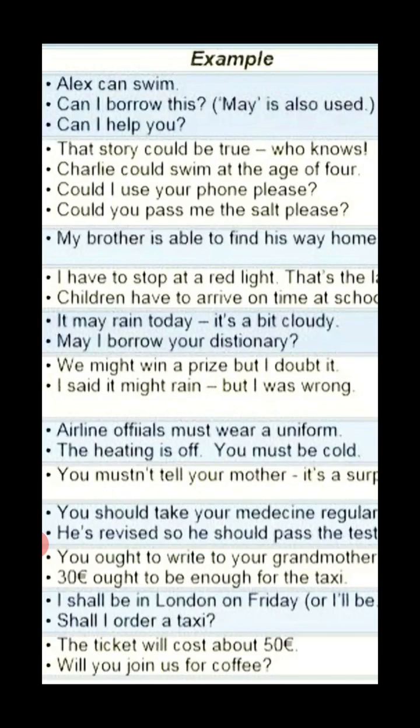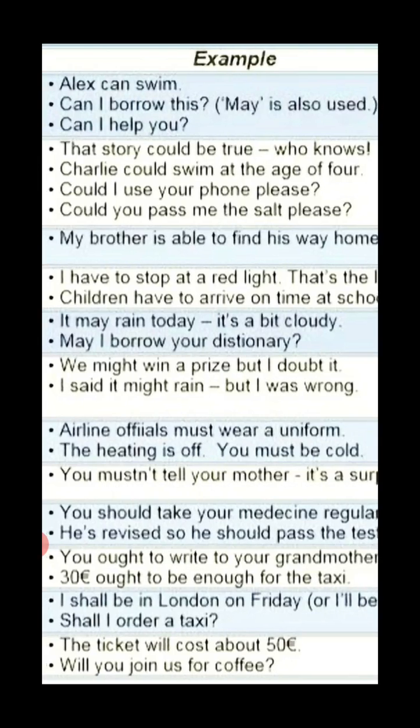So the ticket will be costing or will have the cost of about 50 euro.